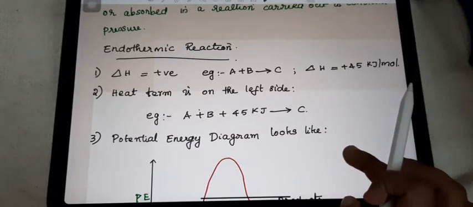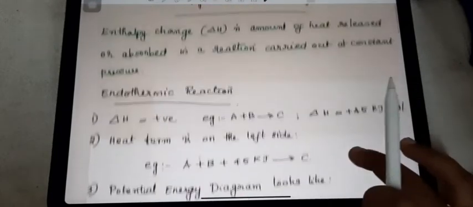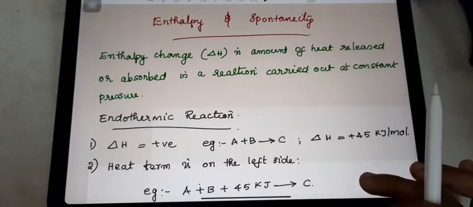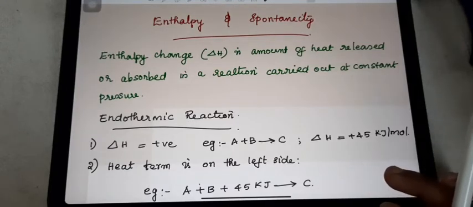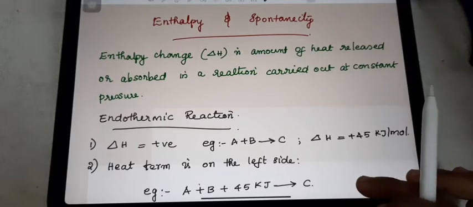Afterwards we can tell the relationship between enthalpy and spontaneity. Today we are going to check whether a decrease in enthalpy is a criterion for spontaneity or not. Is a decrease in enthalpy compulsory for a spontaneous process? That is what we are going to check today.